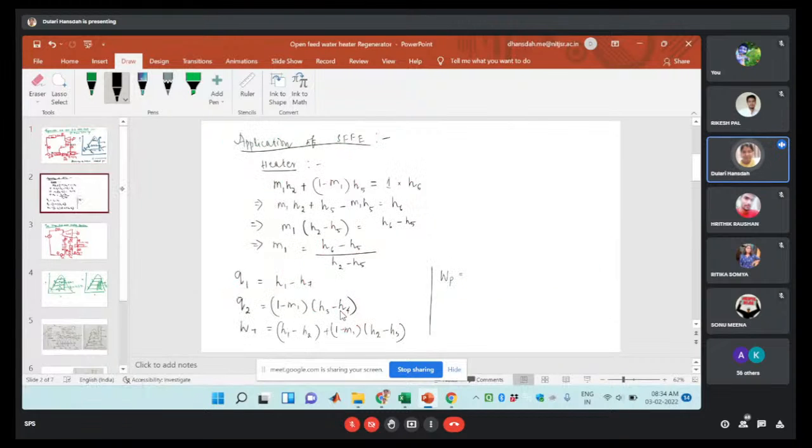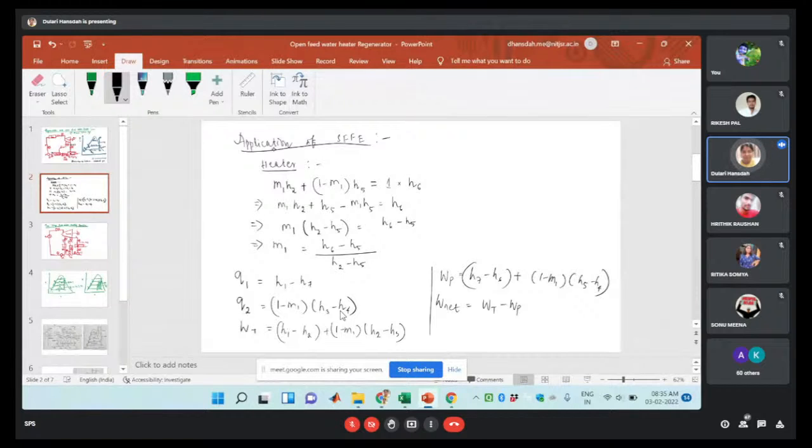So this will be H7 minus H6 plus (1 minus M1)(H5 minus H4). So this is your pump work. From here we can find out the net work output. Net work output will be WT minus WP, and we already have the equations for WT and WP. Also we can find out the M1 amount of steam from the energy balance equation. Then we will get the W net.